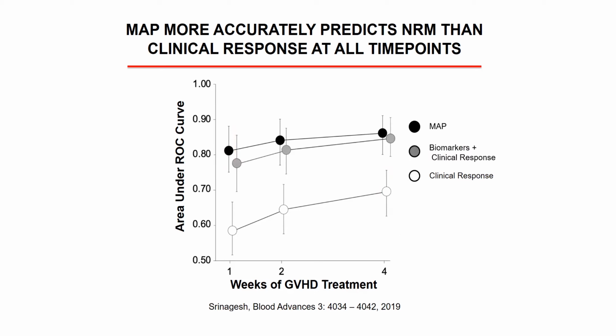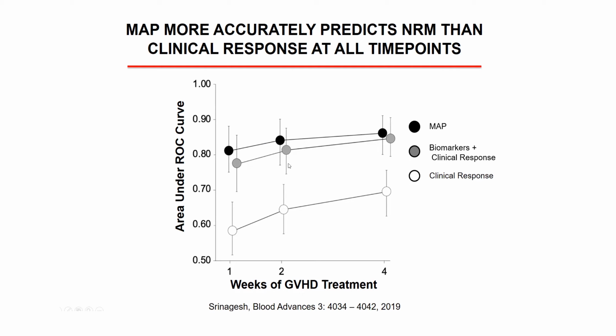And by the way, if you try to combine the biomarkers and the clinical responses to see whether you can improve on the biomarkers alone, in fact, you don't. You get a slightly less accurate test, though it's not significant, because you are forcing a weak biomarker, which is the clinical response, together with a strong biomarker, which is the MAP, and what you get is a slightly weaker, strong biomarker.